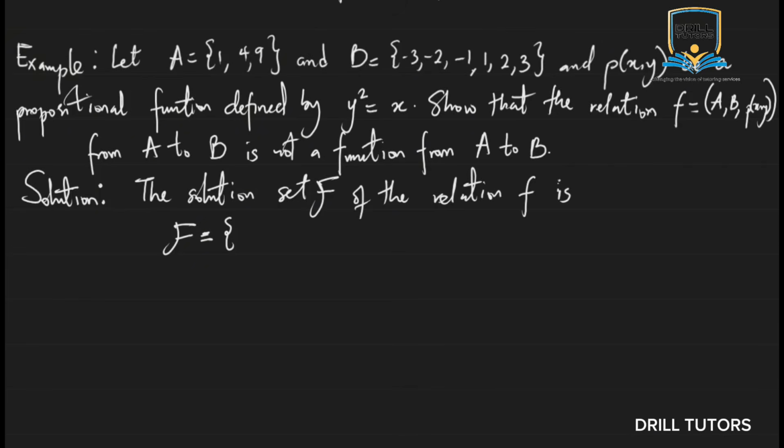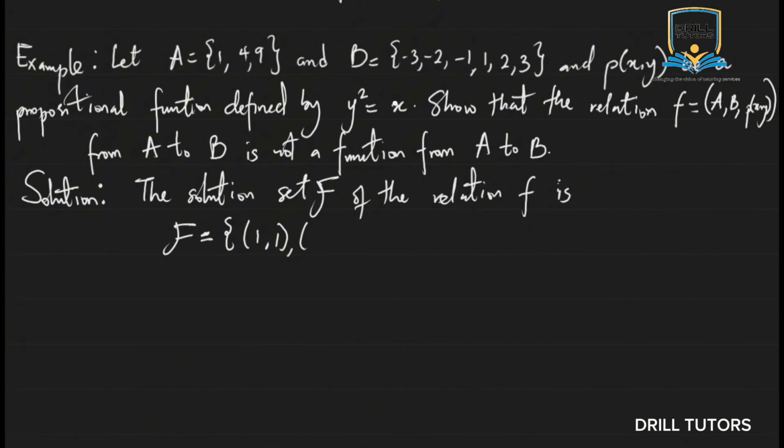Now A is the domain and this is the codomain. Now when x is 1, then the square of 1 is 1. So it means that 1 will actually map to 1.